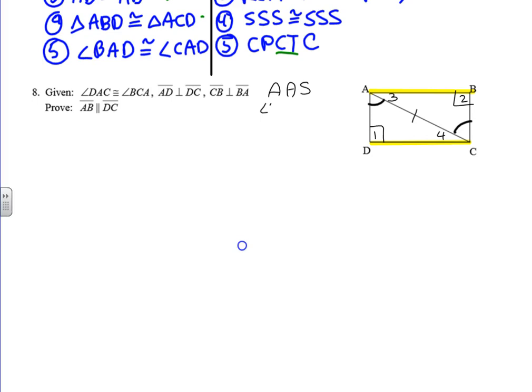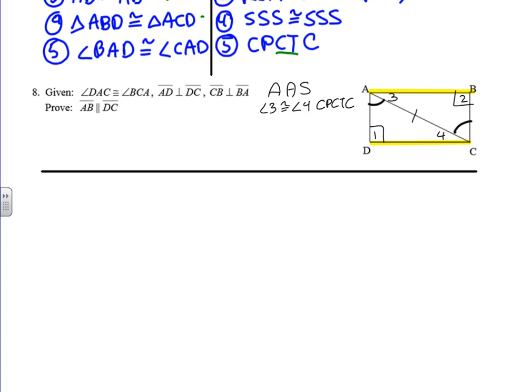So then we could say angle 3 would be congruent to angle 4 by CPCTC. And those, angle 3 and 4, are alternate interior angles to AB and DC. That would prove that that is parallel. So let's go ahead and write this out.